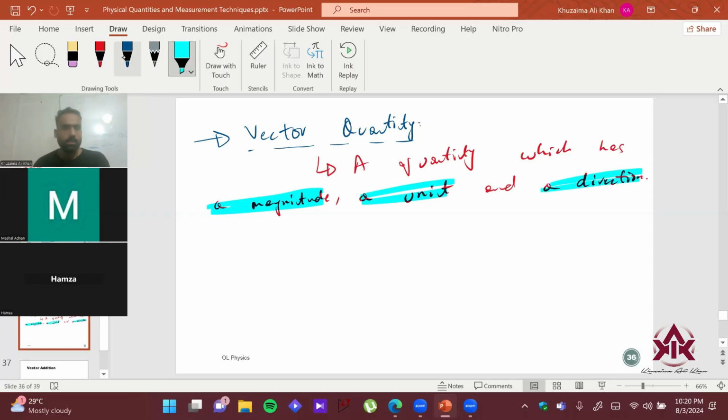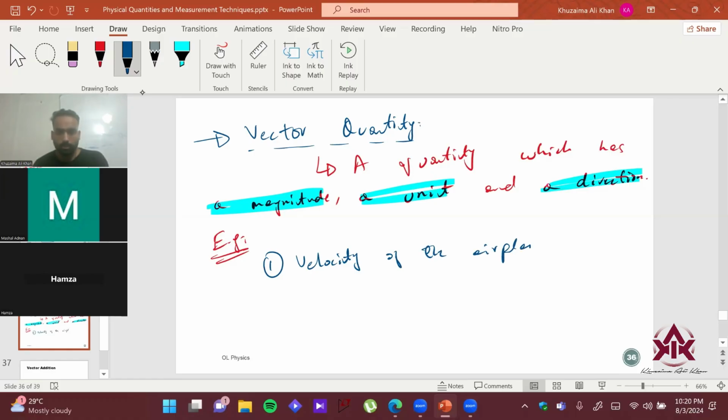So what would be an example? Let me write an example. Let's say velocity. The velocity of the airplane was, let's say, 160 miles per hour eastwards.